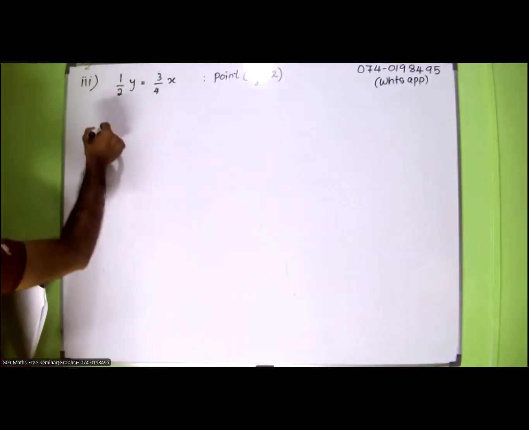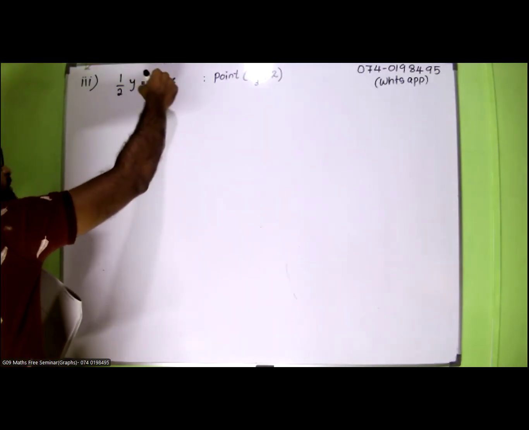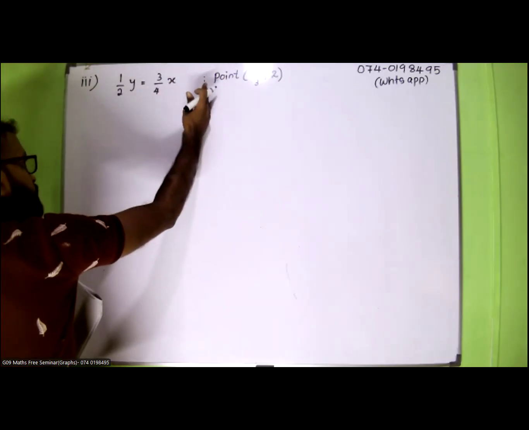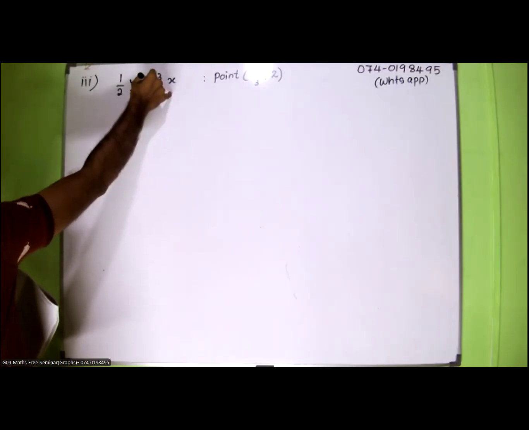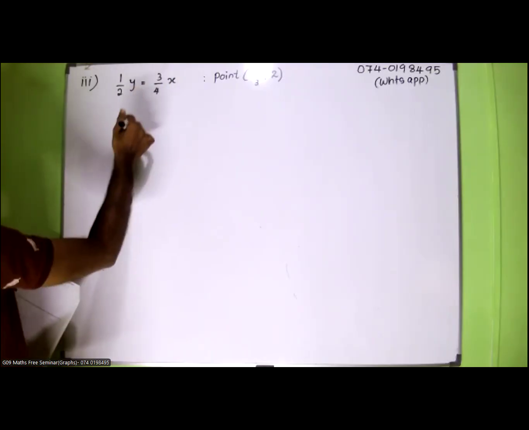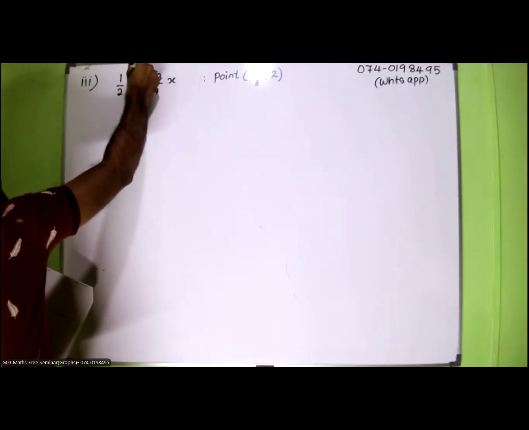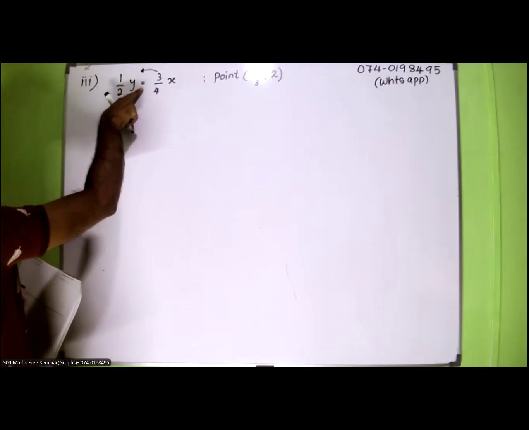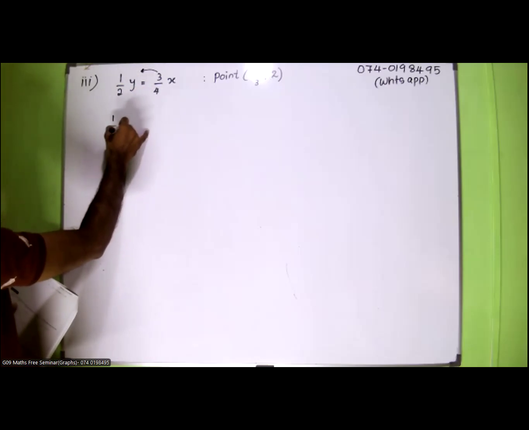The first step is to take this right hand side term to your left hand side. This is already positive, positive 3 upon 4 x. When it comes to the left hand side of the equal mark, it automatically becomes minus.